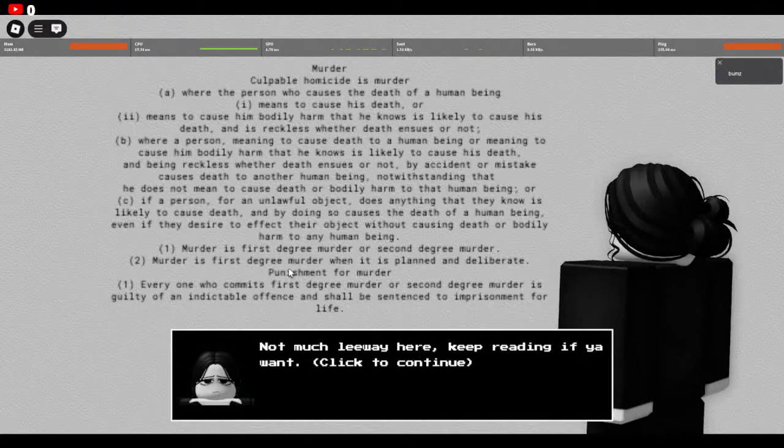Culpable homicide is murder where the person who causes the death of the human being means to cause his death, or means to cause bodily harm that he knows is likely to cause his death and is reckless whether death ensues or not.